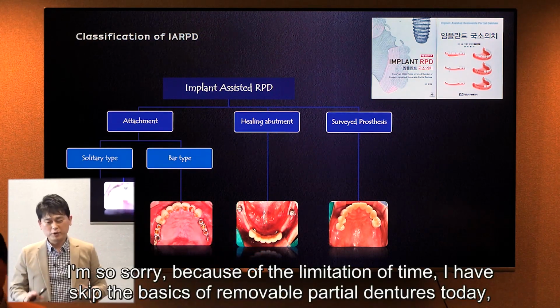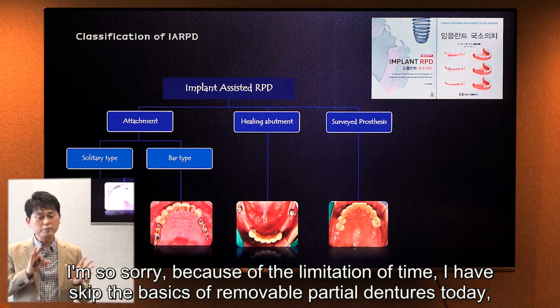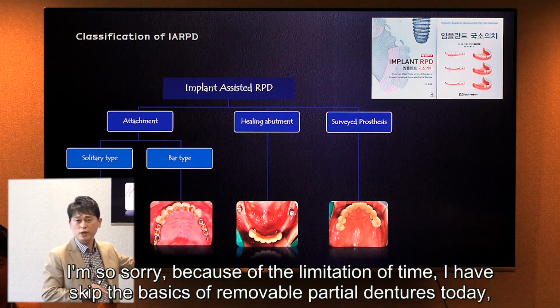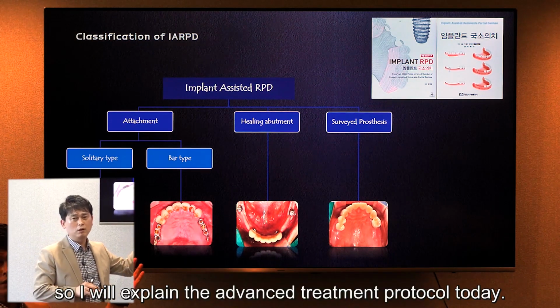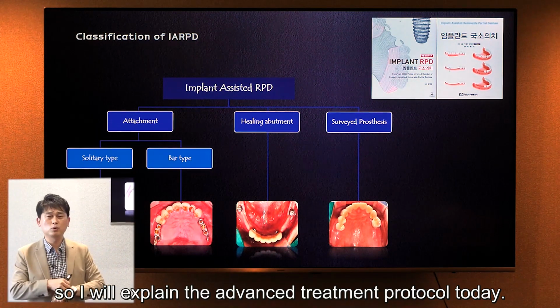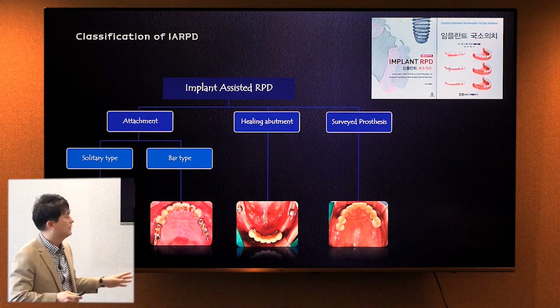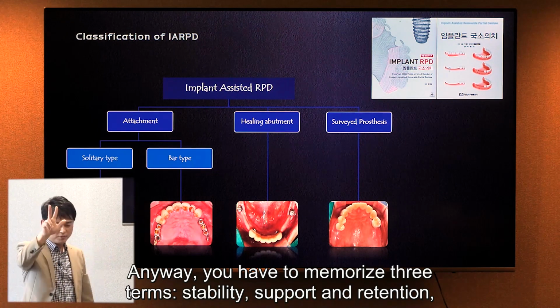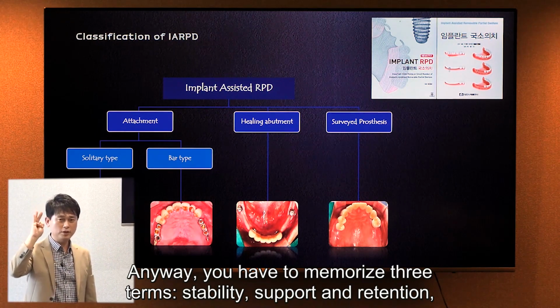I'm so sorry, because of the limitation of time, I have to skip the basics of removable partial denture today. So I will explain the advanced treatment protocol today. Anyway, you have to memorize three terms: stability, support, and retention.